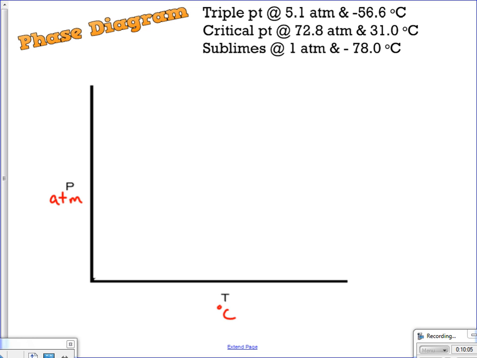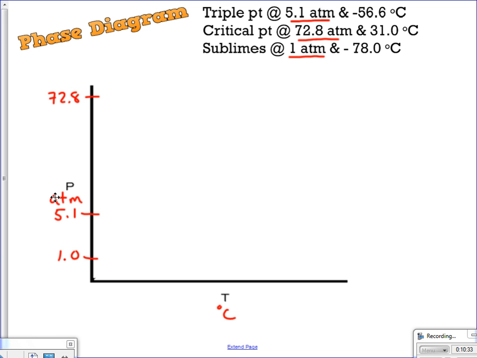I want to make different points here. So you got to understand what you're trying to draw, and you got to understand that sometimes it's not going to be to scale. So what I want to do is just kind of look at different points. The highest value here is 72.8. Okay, I'm just kind of looking at different ones here. This is 5.1. This is 1. It's not to scale. It was just what was given. So I have 72.8, 5.1, and 1.